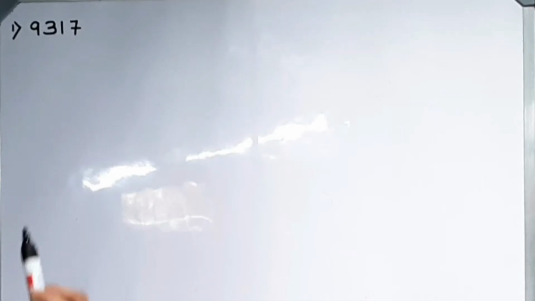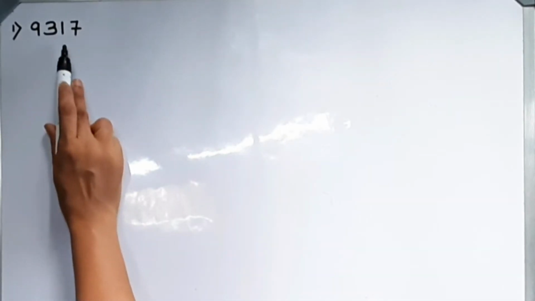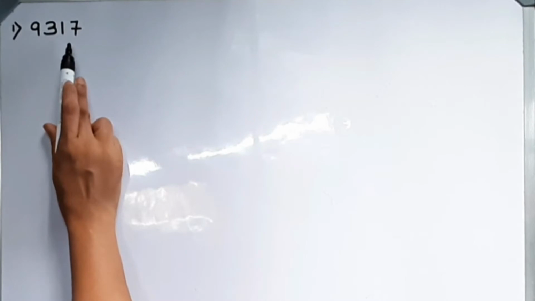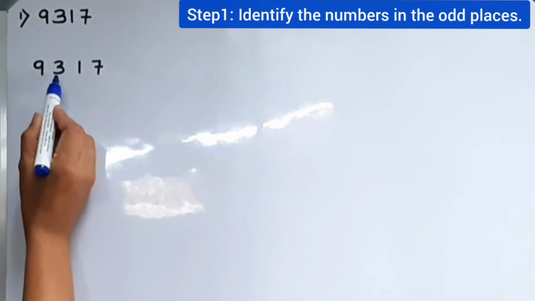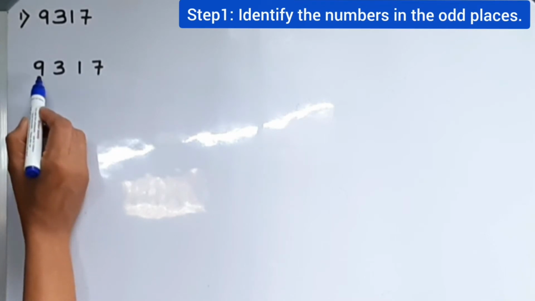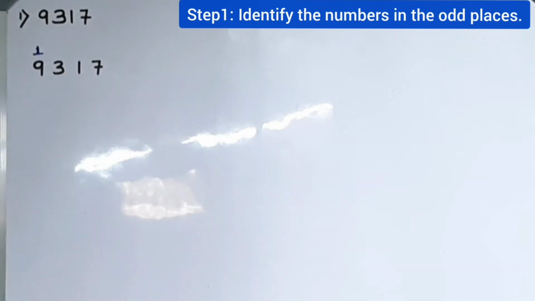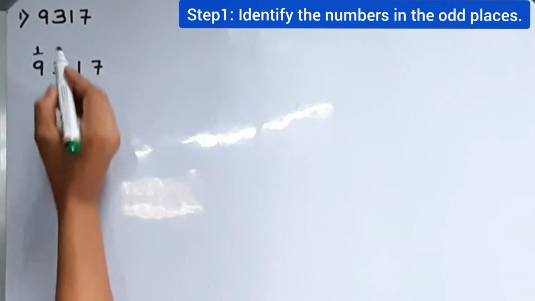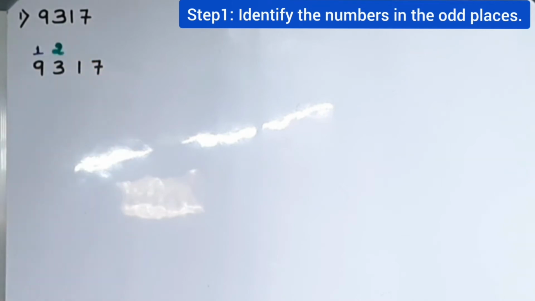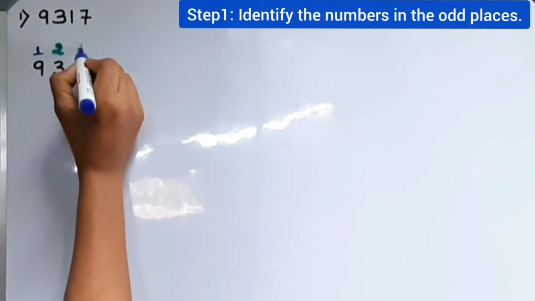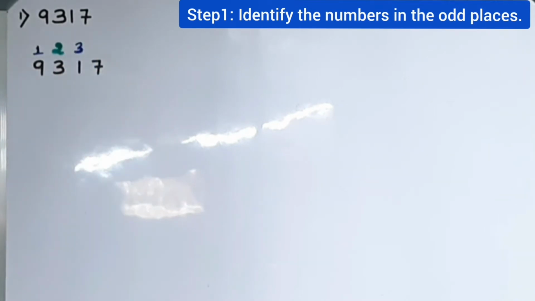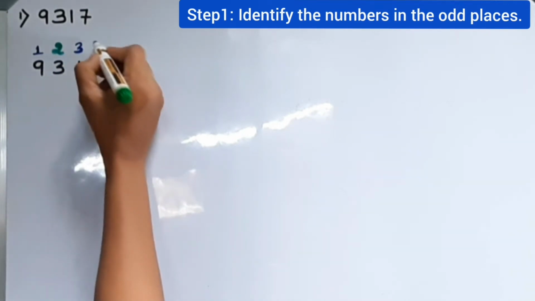Let me explain with an example. Now we have to find out whether 9317 is divisible by 11 or not. In 9317, 9 is in the first place, 3 is in the second place, 1 is in the third place, and 7 is in the fourth place.